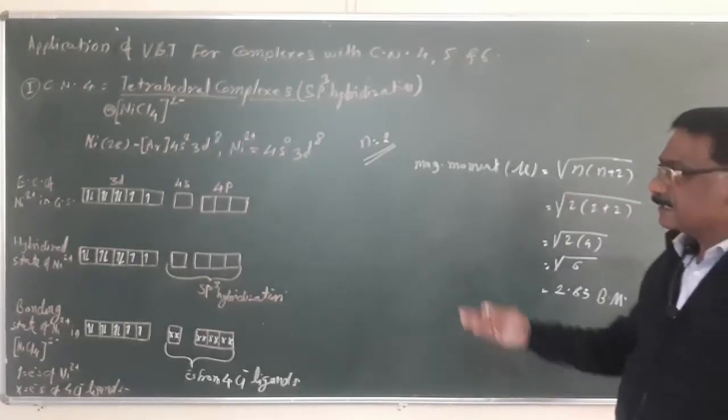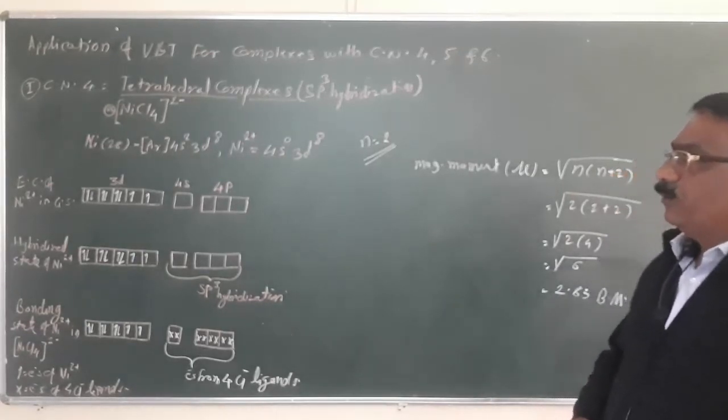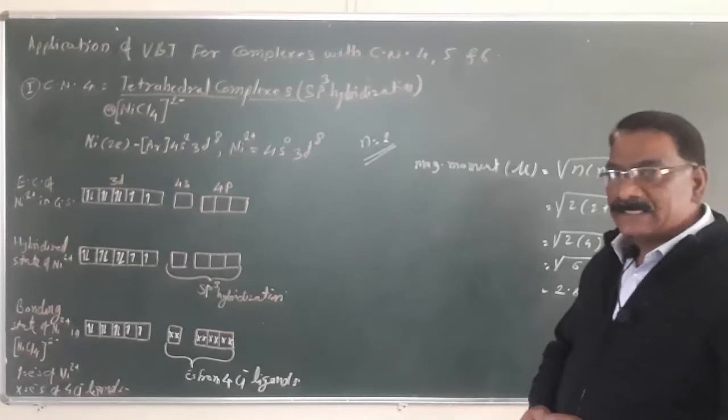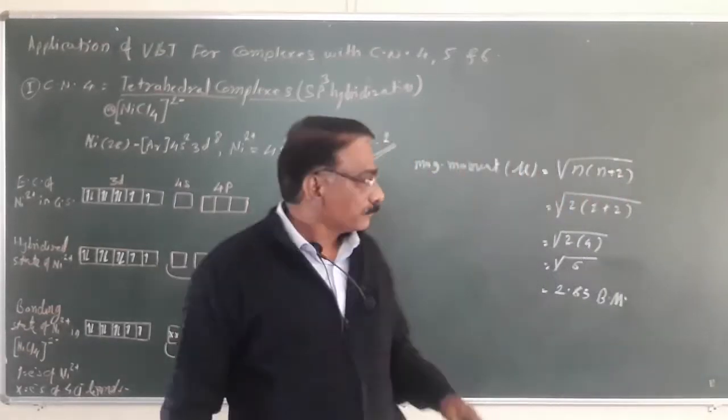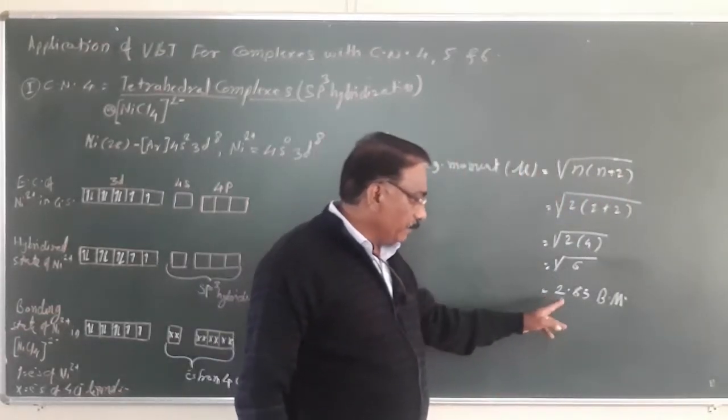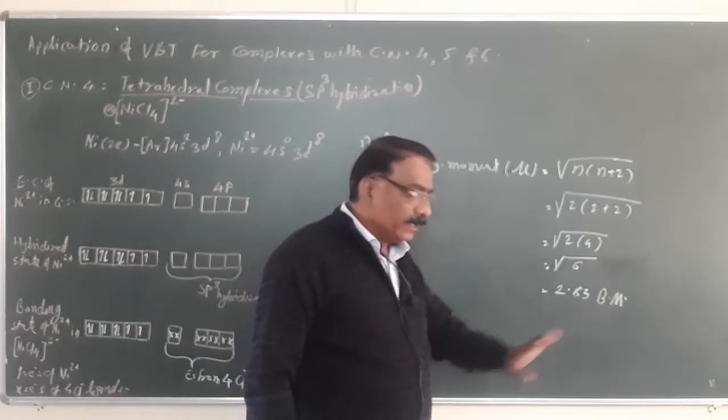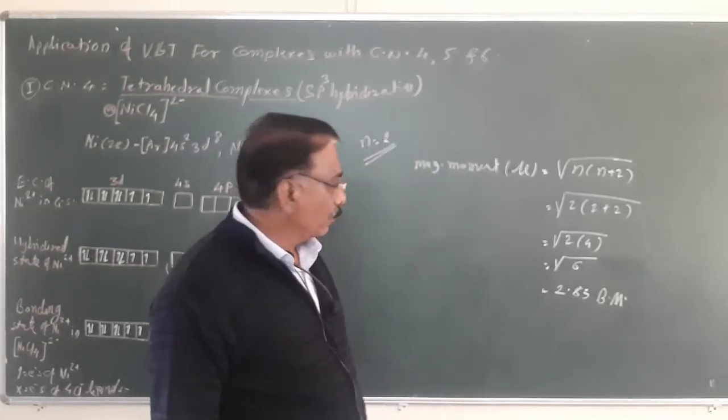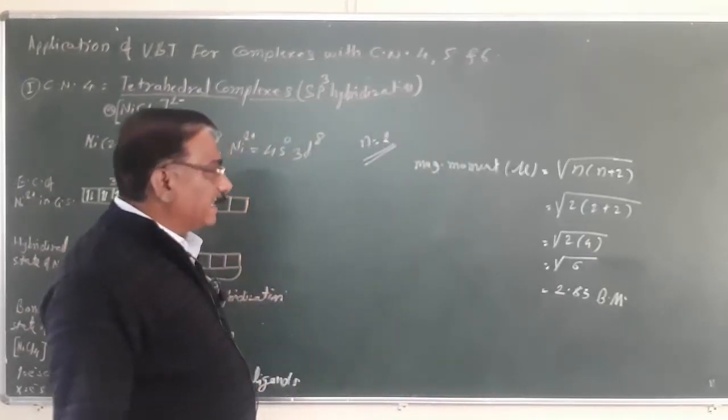Thus this NiCl4 2 minus is a paramagnetic complex with magnetic moment 2.83 Bohr magneton. This hybridization shows that it is tetrahedral.